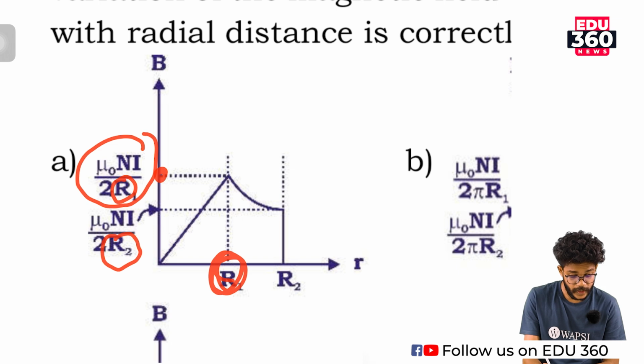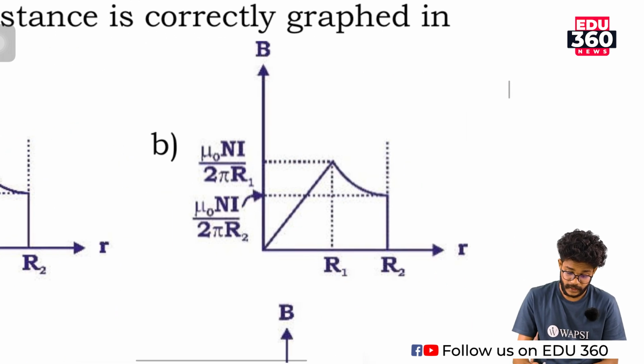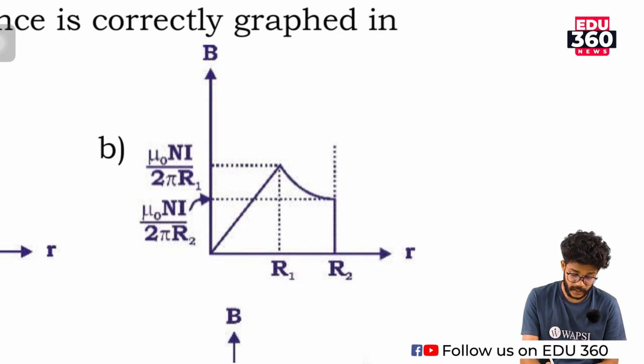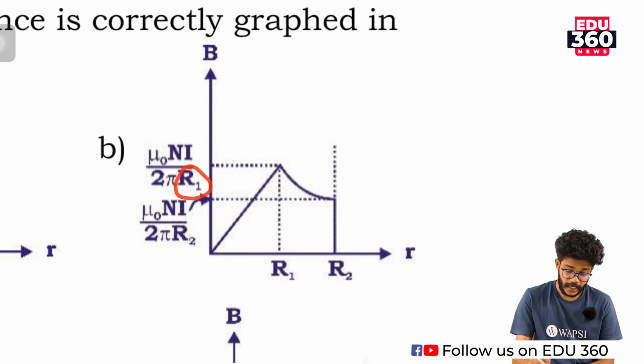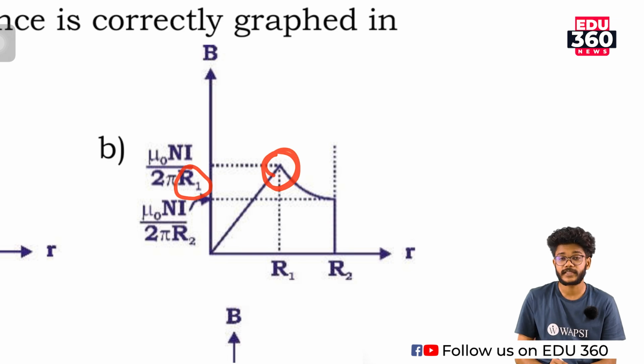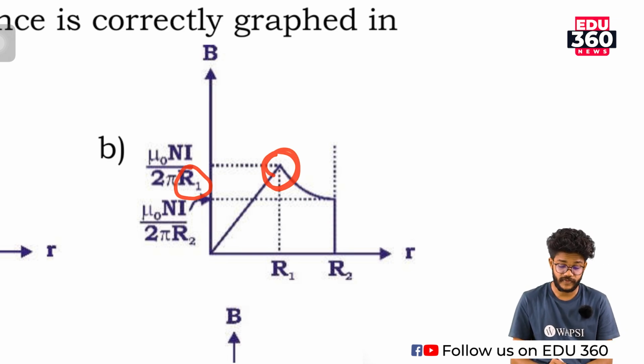So how do we get a maximum value for R1? The denominator is R1 and that is greater, so how then do we get the maximum value of magnetic field?